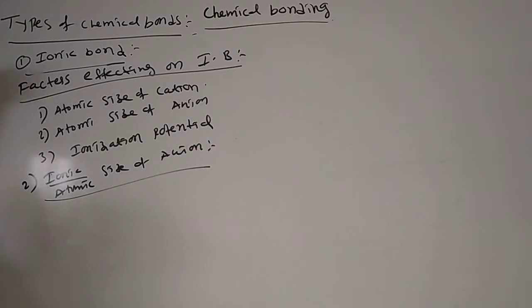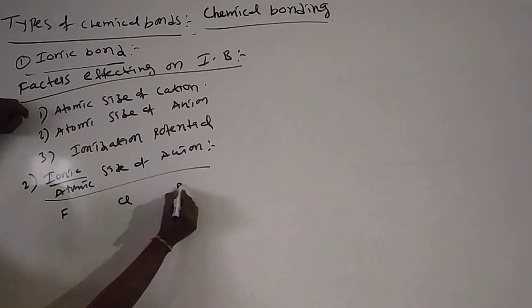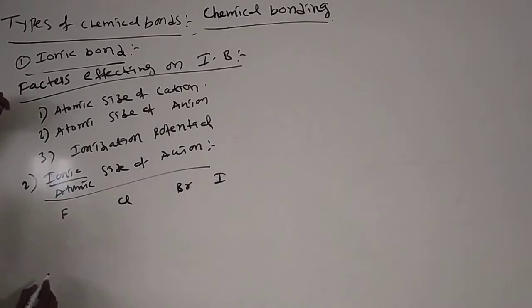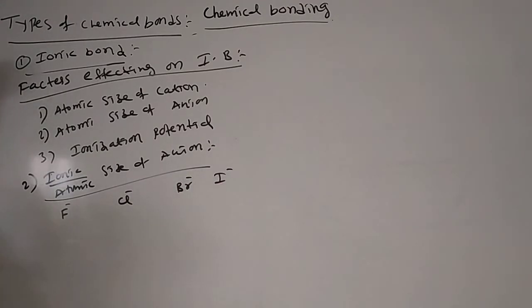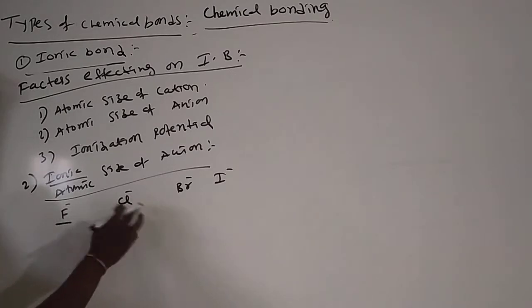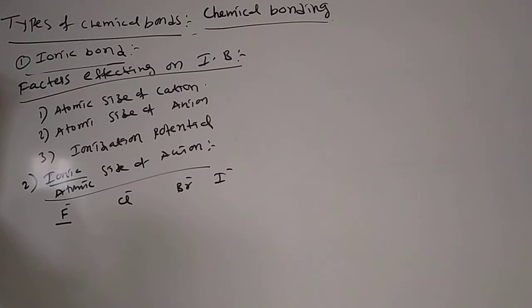Take one group of anions: fluorine, chlorine, bromine, iodine, giving fluoride, chloride, bromide, and iodide ions, meaning each gains one electron. Which gains an electron fastly? Fluorine gains fastly because its size is less. It gains slowly after fluorine: chlorine, then bromine.